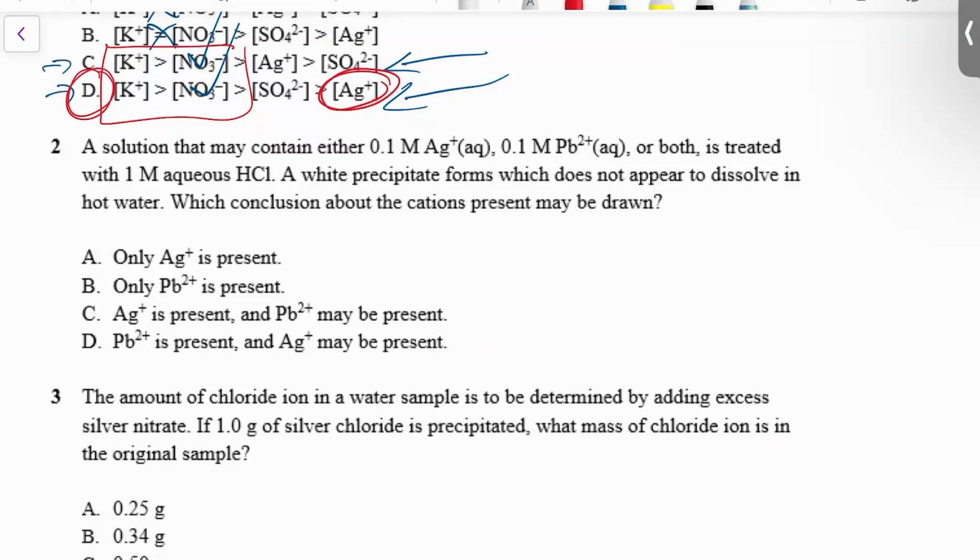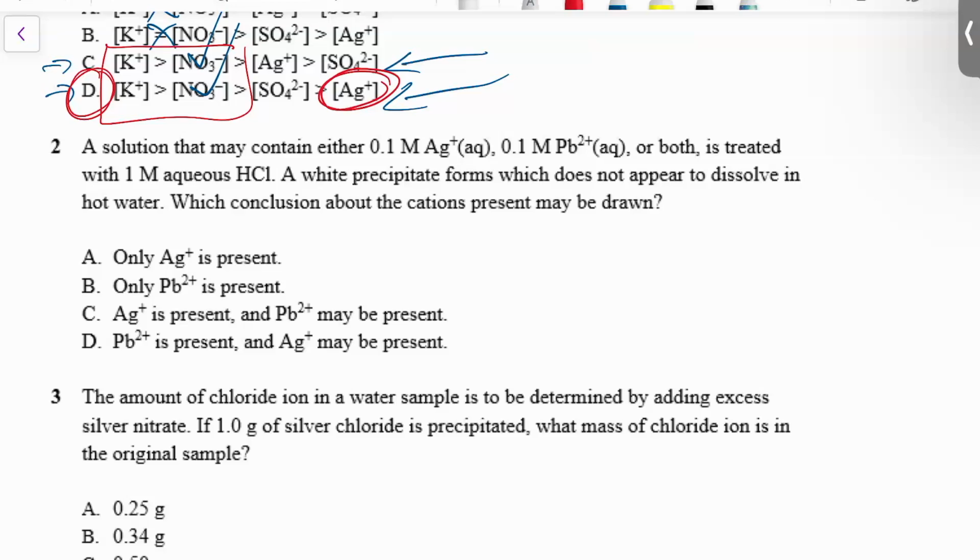Now, plus combines with plus charges or plus combines with minus charges? Minus charges, good. Plus combines with minus charges. So then they're asking you about Ag+ and Pb2+.